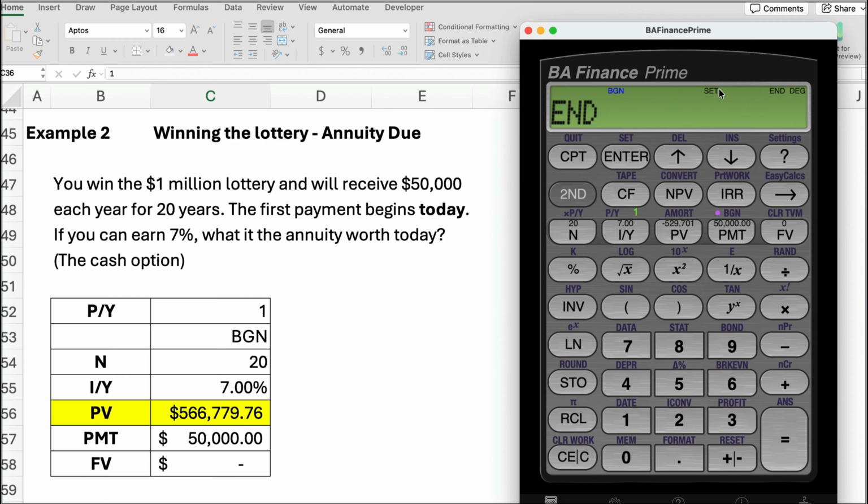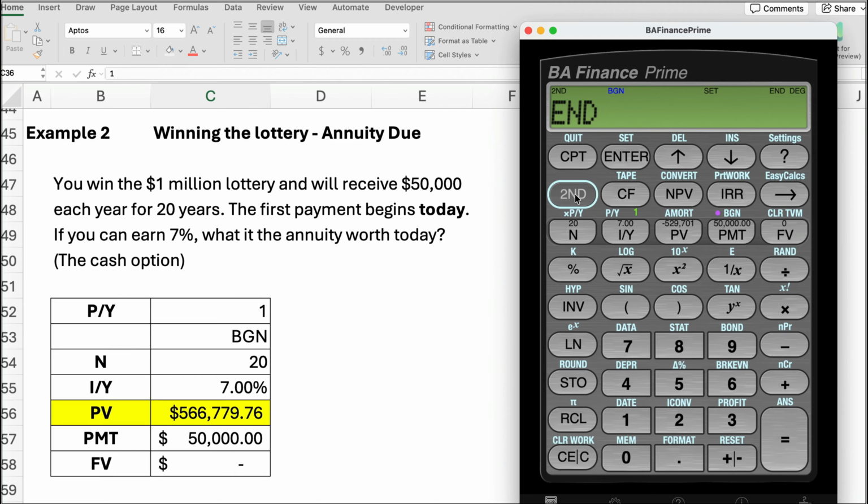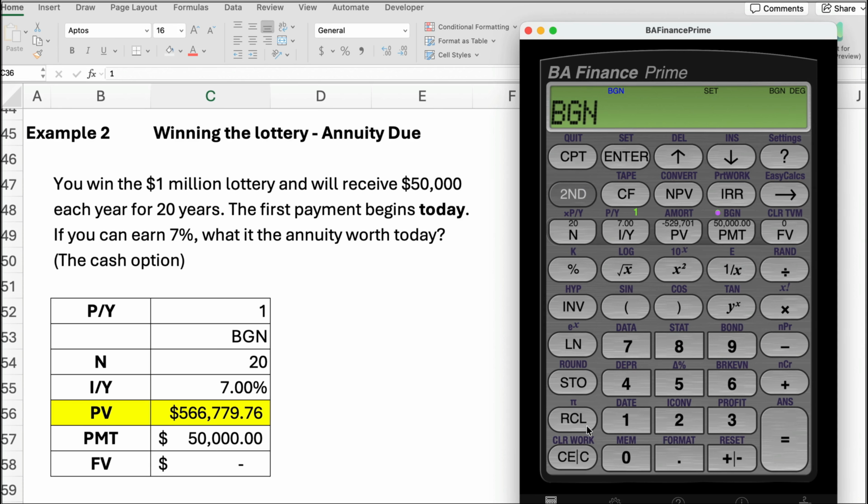We need to reach the set, which is above the enter, so second function, set, and it turns on beginning mode. So in beginning mode, compute present value is $566,000. Instead of being $529,000, it's $566,000 if we move everything up to the first payment beginning today.